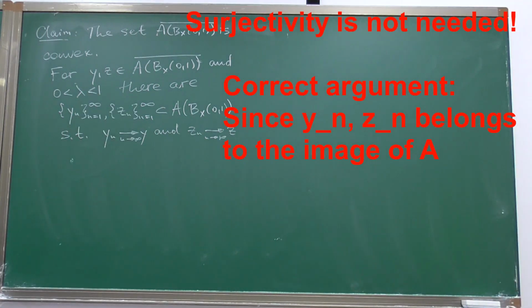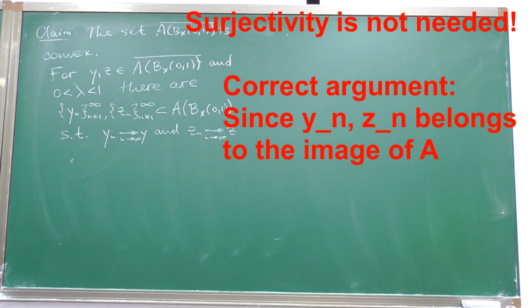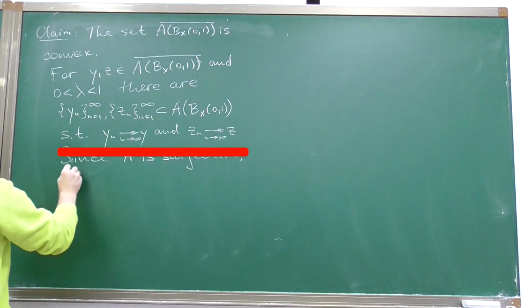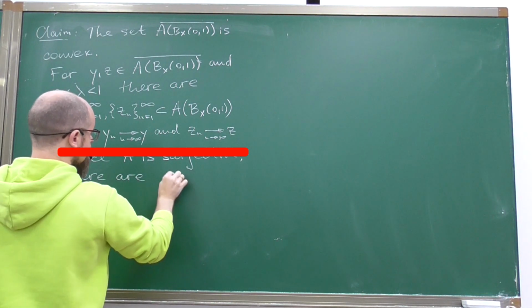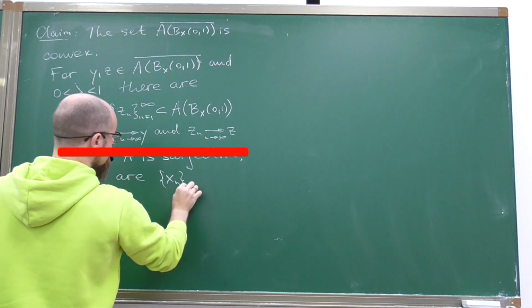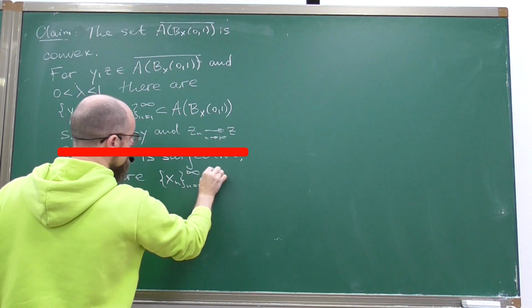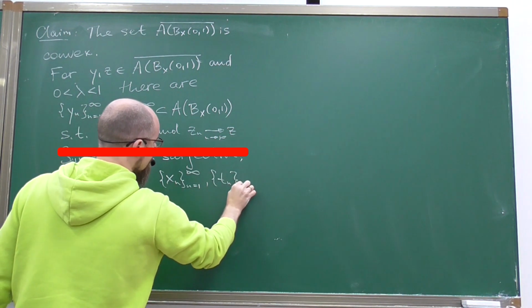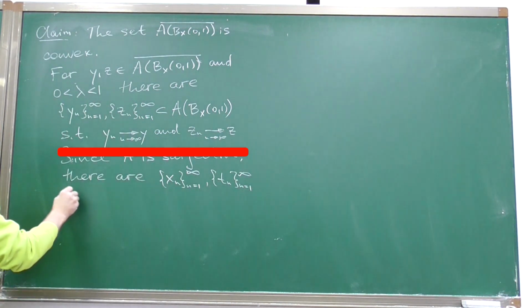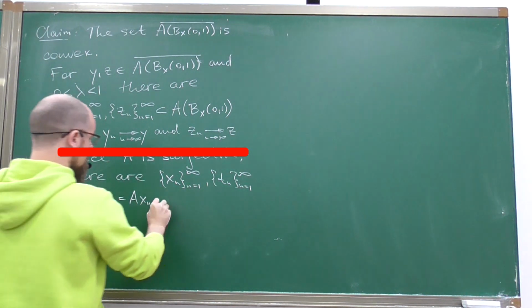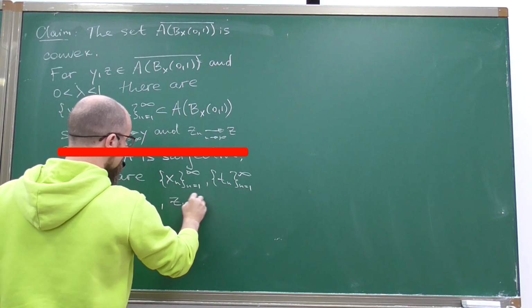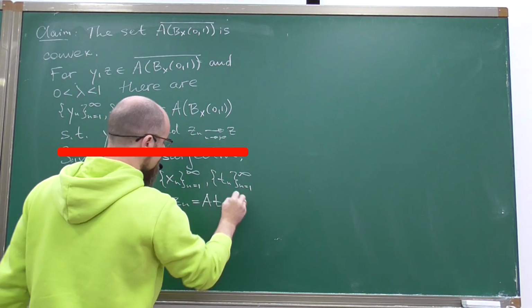Again, using the fact that the operator A is surjective, we can find the sequences from the unit ball, say xn and tn, such that yn equals A of xn and zn equals A of tn.